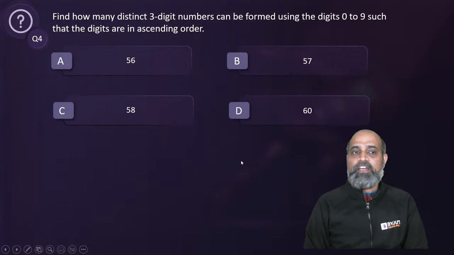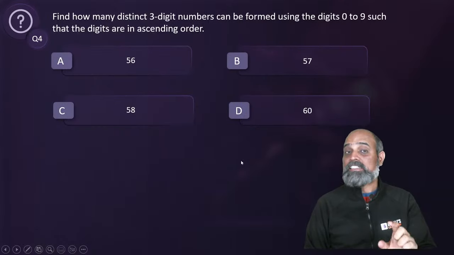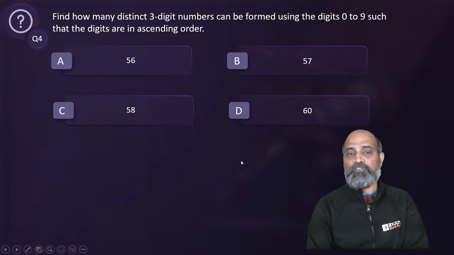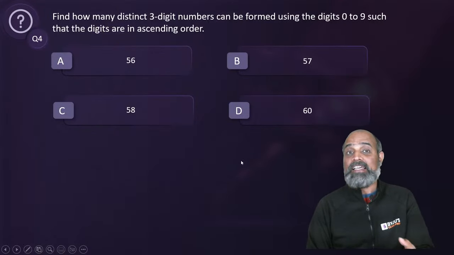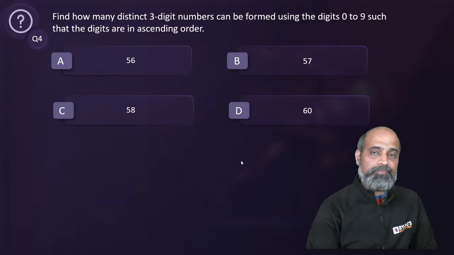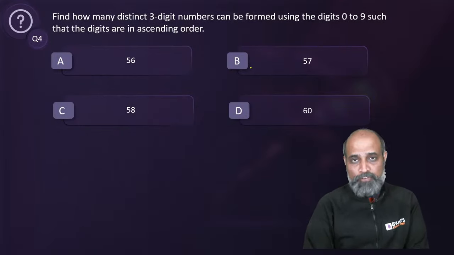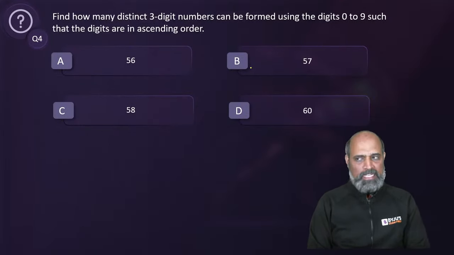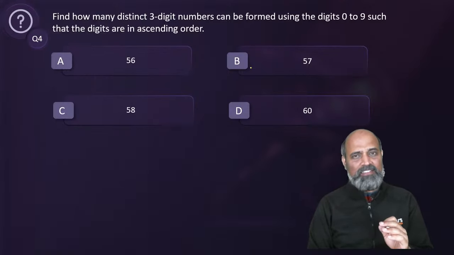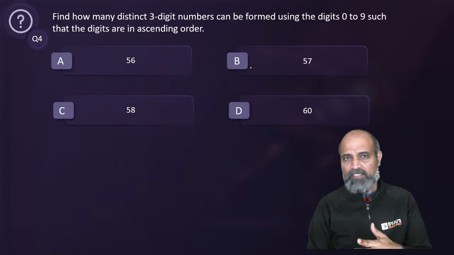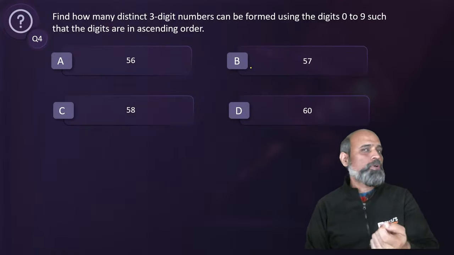Next, find how many distinct 3-digit numbers can be formed using the digits 0 to 9 such that the digits are in ascending order. A very good question. It's going to be a little time consuming because of the cases, because 0 is here.